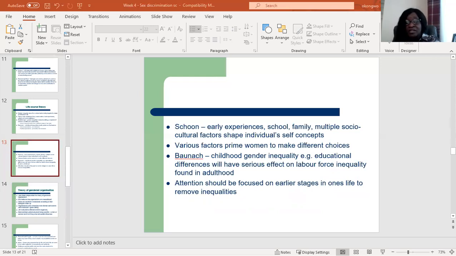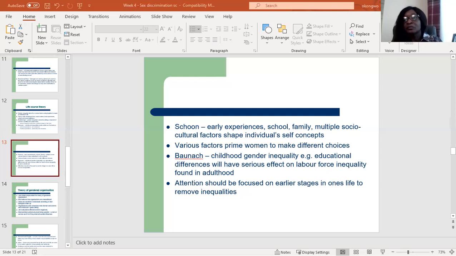She says that various factors over time prime women to make different career choices and have different career aspirations from men. That's why you find some women prioritizing family over career, while for others it's the other way around.